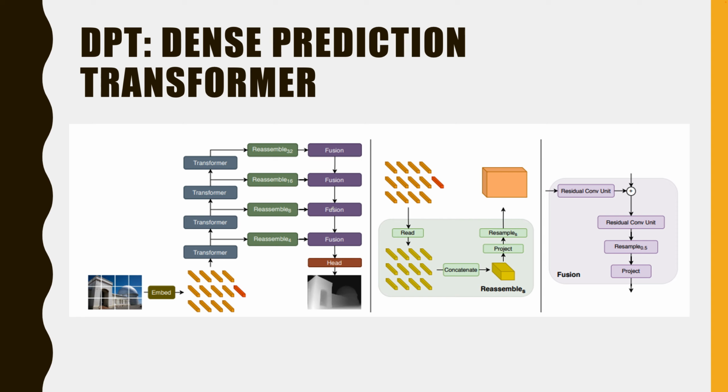And once you understand that, now we can go a step further and see another task in computer vision that uses transformers, which was proposed by this paper called Dense Prediction Transformer. Dense, because now we are not classifying the image, so it's not a single value for the image, it's a value for each pixel. For example, here we have depth estimation, so it's one prediction per pixel.